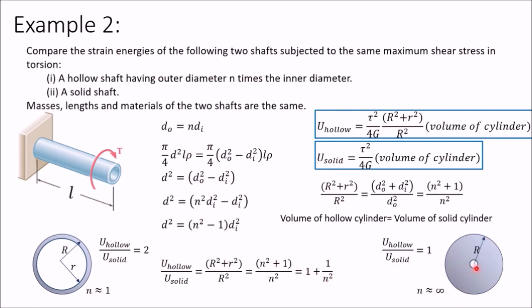For a thick cylinder, when this small r is very small, n becomes a very large value, so n square is very large. So 1 by n square will be neglected, and it will become almost 1. So in case of thick cylinder, ratio of strain energy of hollow cylinder to solid cylinder will be almost equal to 1. So this value of this ratio varies between 1 to 2.